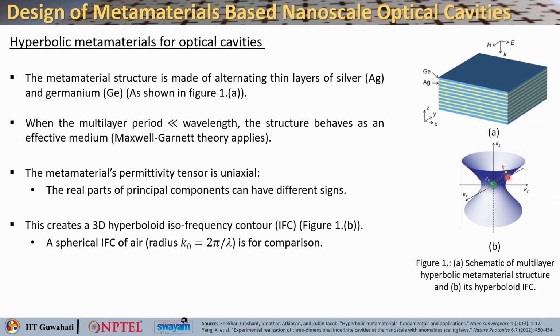The yellow dot here is located on this hyperboloid and shows the resonating wave vector k inside the cavity. You can see that this is much larger than k naught, indicating that in this kind of material you can have ultra high effective refractive index, which will be given by n effective as k by k naught.